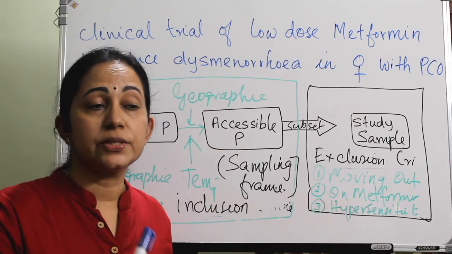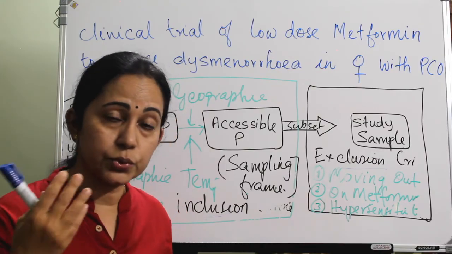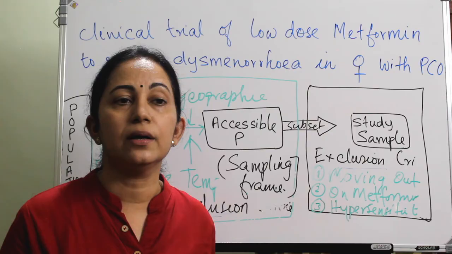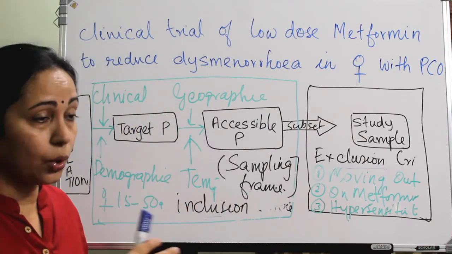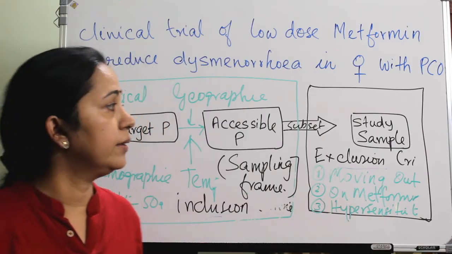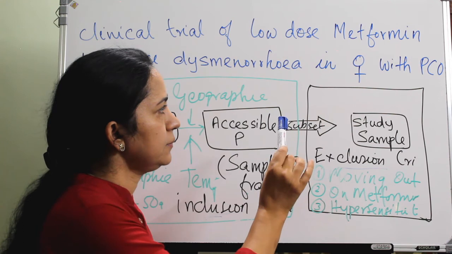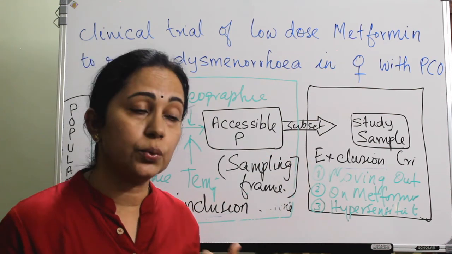Exclusion criteria are the points which are going to negatively affect either your follow-up phase or your quality of data or your treatment in the case of a randomized trial. So all that has to be excluded from the study sample. Okay, and stick on to this inclusion criteria and exclusion criteria throughout the study.